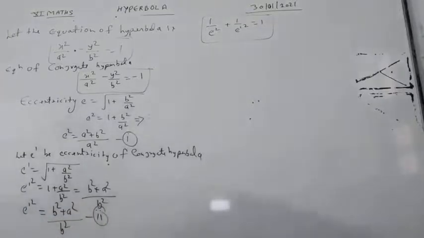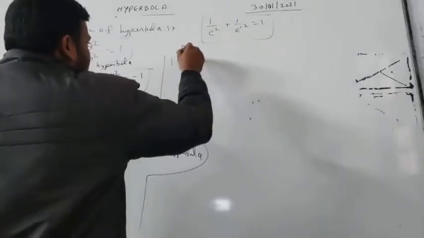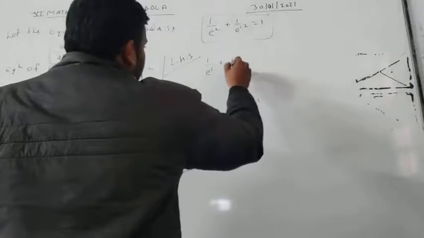Okay student, now we take the left hand side student. So 1 by e square plus 1 by e dash square.